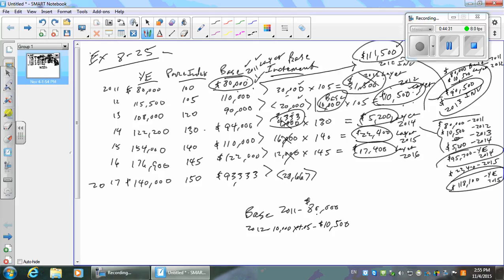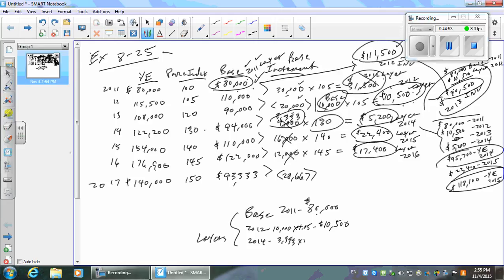Then what do I need? 3,333 more, don't I? From 2014, there is no 13, right? From the 2014 layer, these are my layers, I would have 3,333. What's my index at that time? 1.3, right?